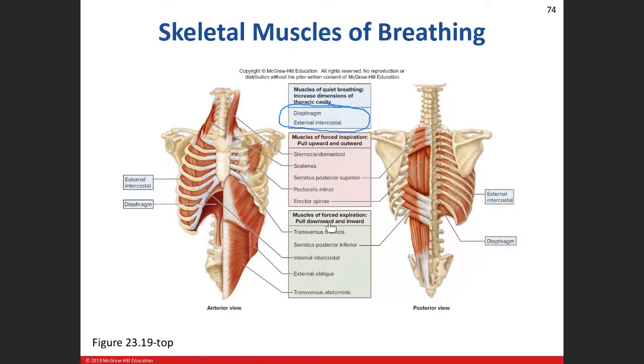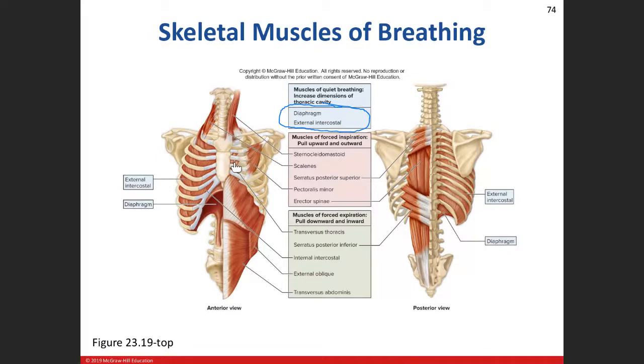So just the opposite when we're talking about forced expiration, forcing out a breath: any muscles that are going to help pull the ribs down. You might not remember this muscle here, transversus thoracis, but that's on the inside of the thorax, and it attaches one rib to two ribs above it.